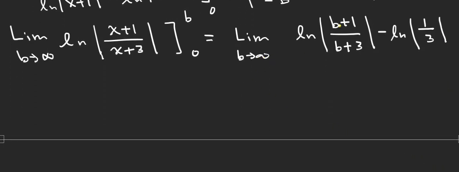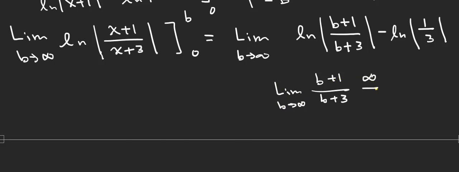So what happens as b goes to infinity? Let's just focus on b plus 1 over b plus 3, and we'll worry about natural log later. As b goes to infinity, you get infinity over infinity.